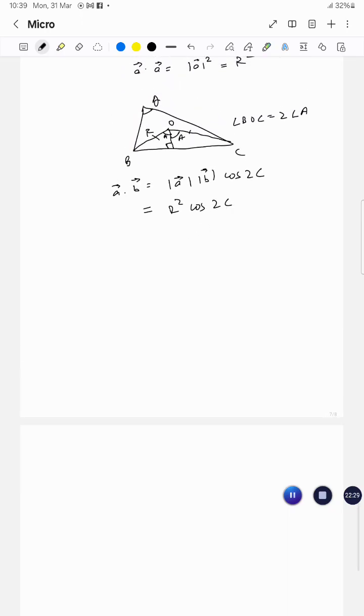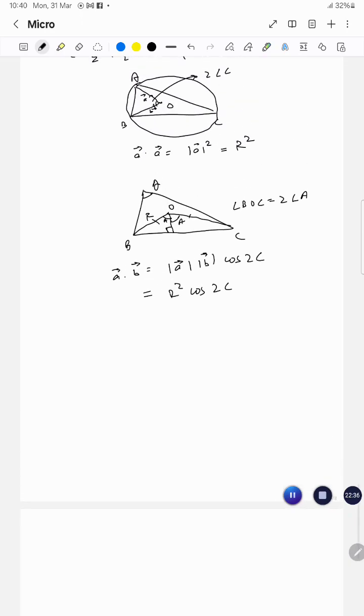So we have to get rid of 2C here. So we'll use the cosine rule in the triangle OAB. C square is equal to OA square plus OB square minus 2 OA OB cos of angle 2C.